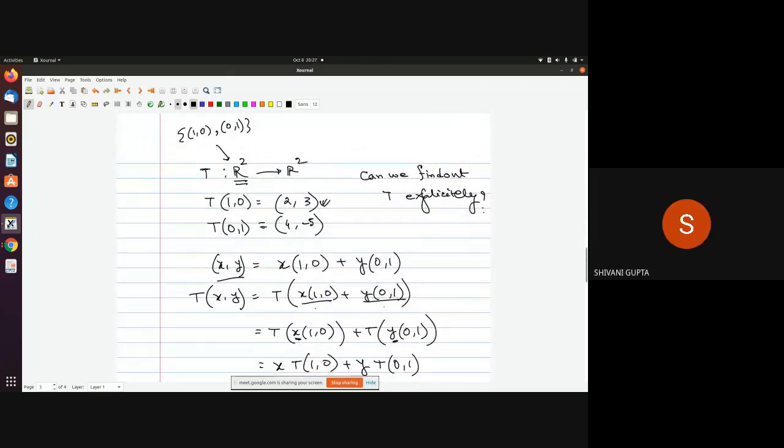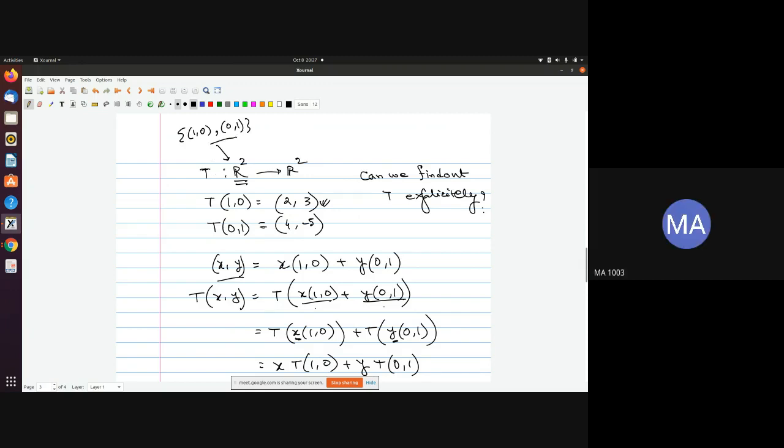So suppose I know the images of the basis elements. This is what I have written here. So you know what a basis is, right? For R2. Yes, sir. What is the basis?